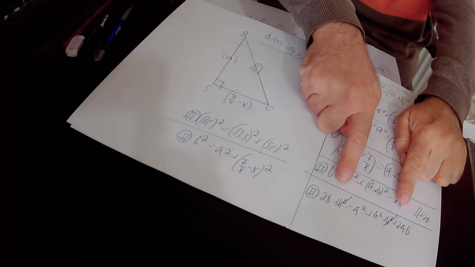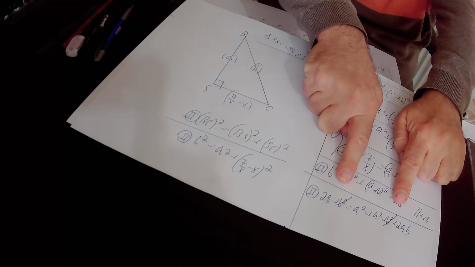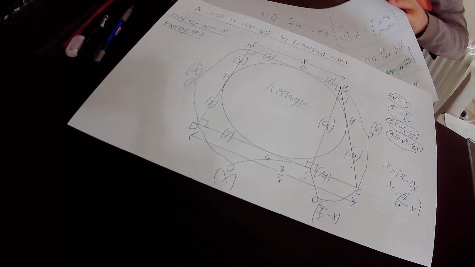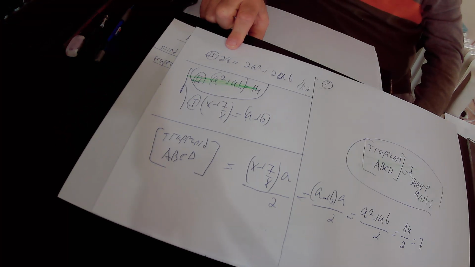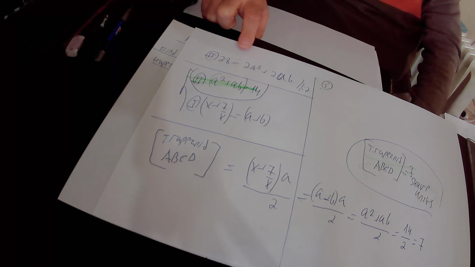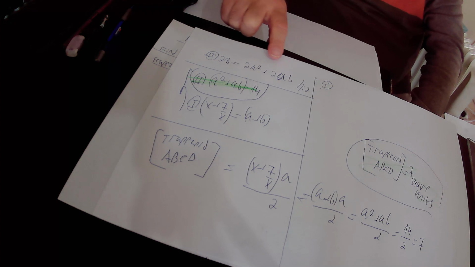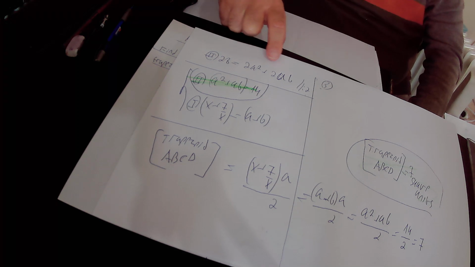So we have b squared on both sides of the equation, so b squared will get cancelled, and we are left only with 28 equals a squared plus a squared, which is 2a squared, plus 2ab. So in conclusion, according to equation 2, 28 equals 2a squared plus 2ab.